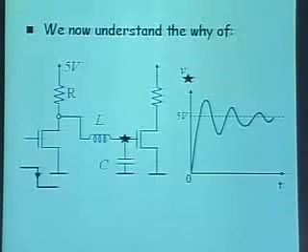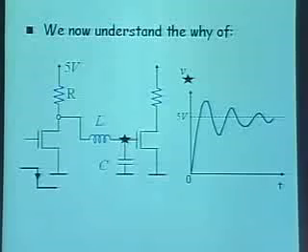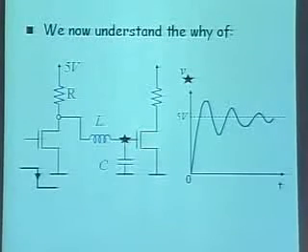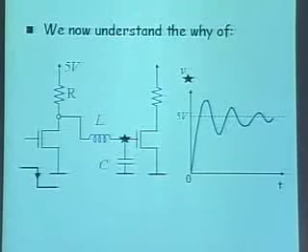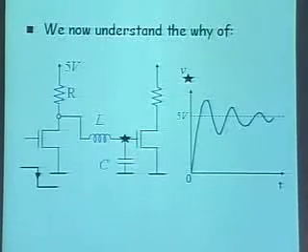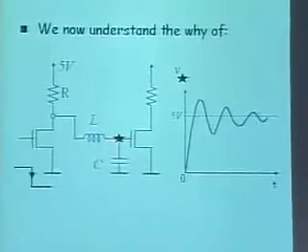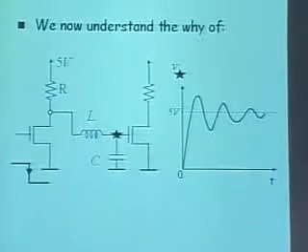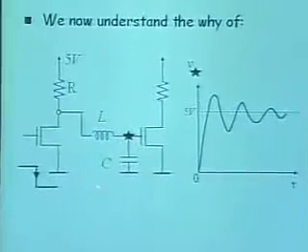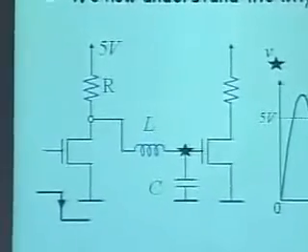And much like a pendulum, which oscillates back and forth, swapping energy between its potential energy and kinetic energy, in the same way, in an LC circuit like this, energy swaps back and forth between the energy stored in the inductor and the energy stored in the capacitor, and sloshes back and forth.